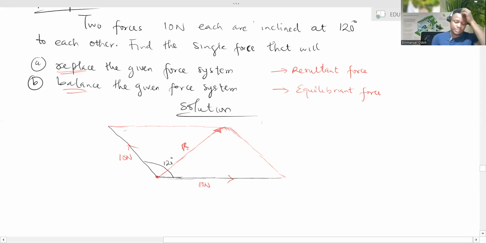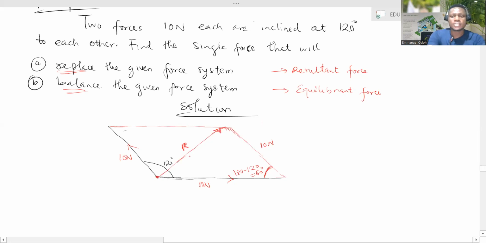So we can use the parallelogram law to get our resultant force. So here is 10 Newton. From what we did in class, it is better to get this angle here, which is 180 minus 120, which is 60 degrees, so that we can apply the cosine rule to solve our problem.